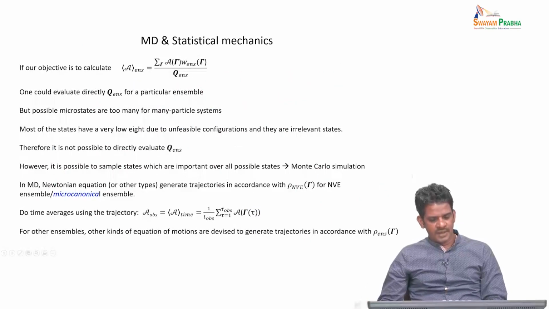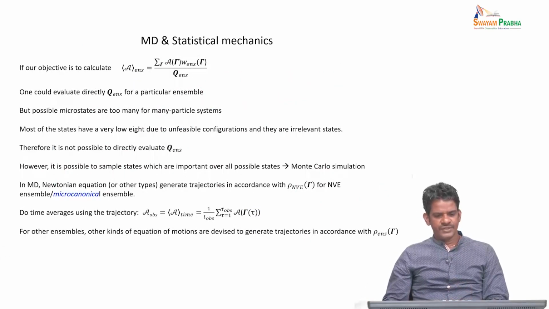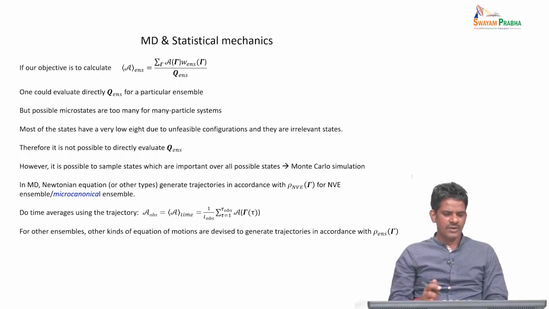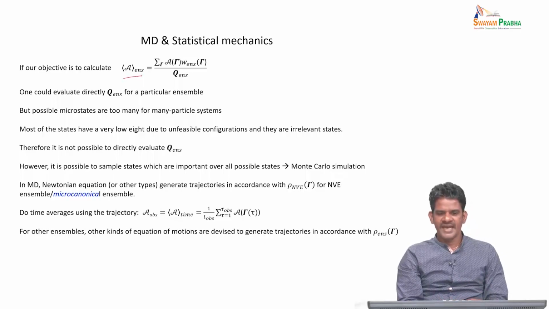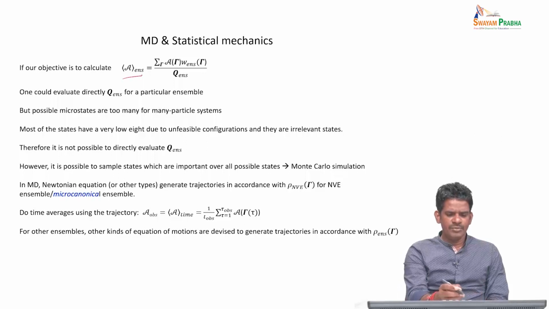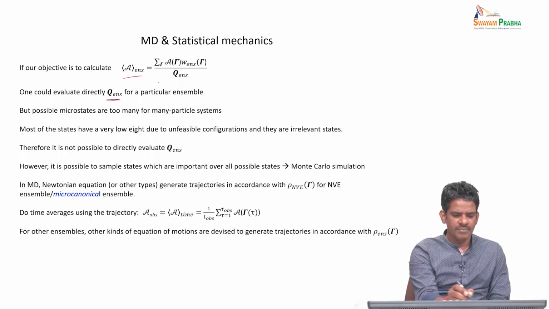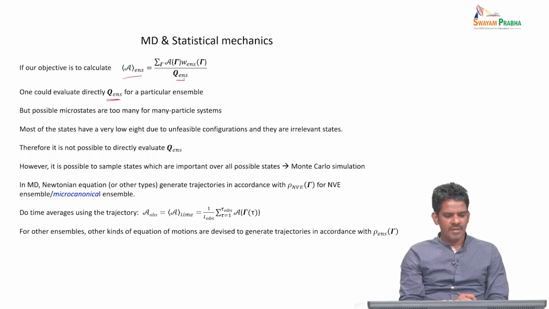So now, what is the context with which we want to look at MD simulation and statistical mechanics? Our objective typically is calculating an ensemble average, which could be a time average or an ensemble average. In principle, you can try to find this partition function Q, but the number of microstates is very large, and it becomes impossible to enumerate all of them.